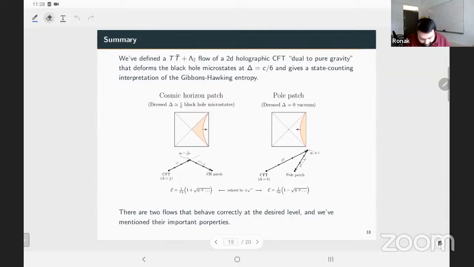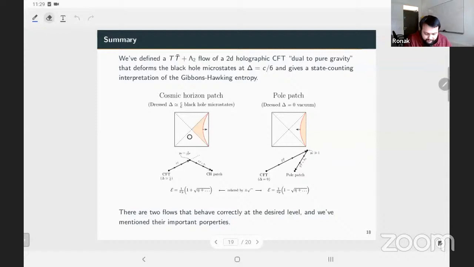To summarize what we did, the original flow was taking the CFT, doing TT bar to large lambda, and then going backwards with eta by adding the lambda to term. TT bar, of course, is just the eta equals 1 deformation because the lambda to term vanishes. And this gives you states dual to the pole patch, and there are only order 1 number of states.